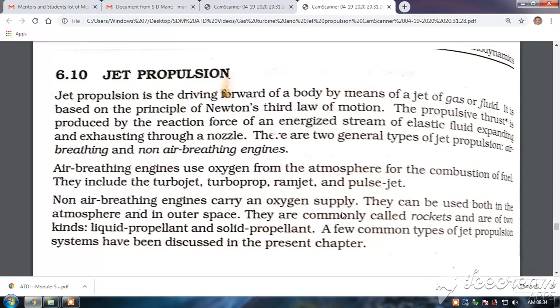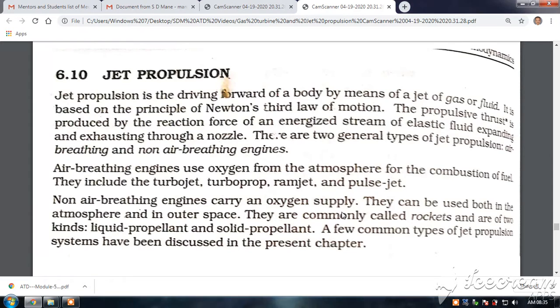See, like when a fuel is burnt, then it becomes an energized stream of elastic fluid. Okay, and when you expand and exhaust it through a nozzle, what we have seen in the previous module number 5, that when you are exhausting through a nozzle, then the pressure energy and the heat energy is converted into velocity. That we know when it is exhausted through nozzle.